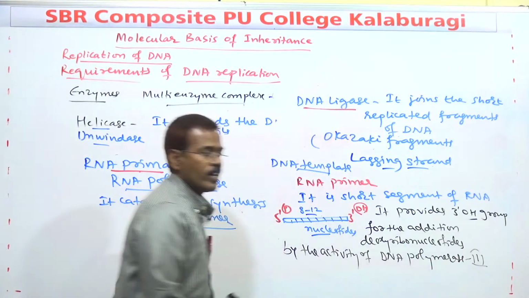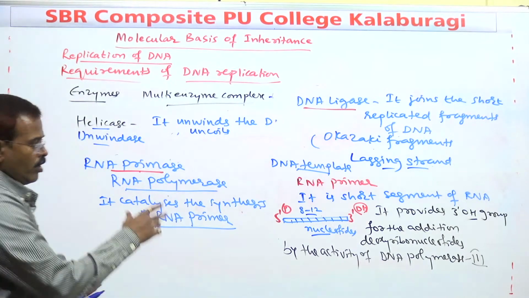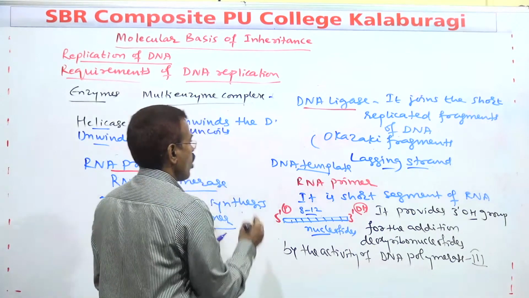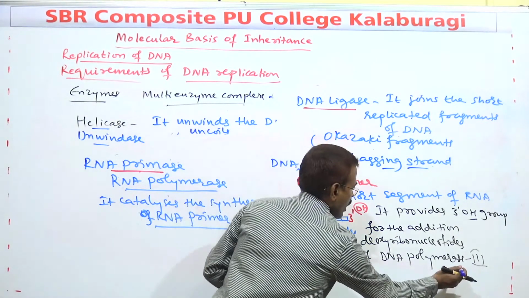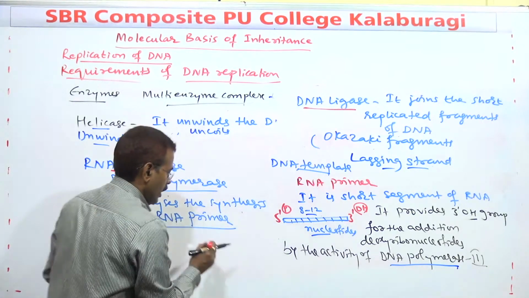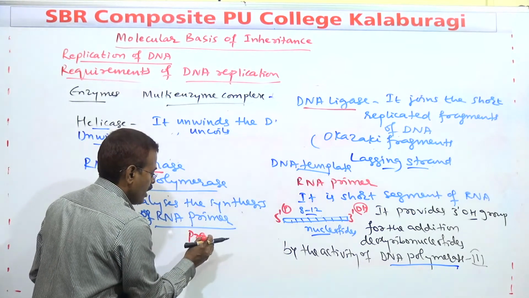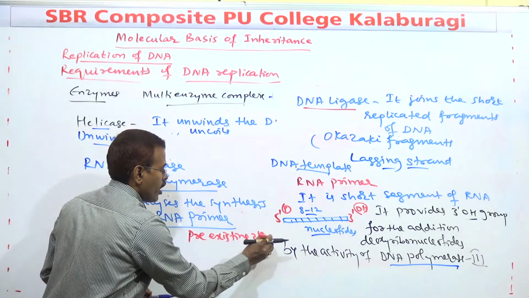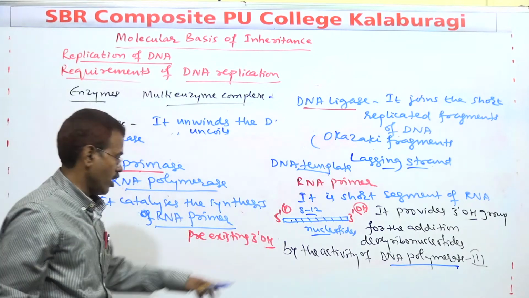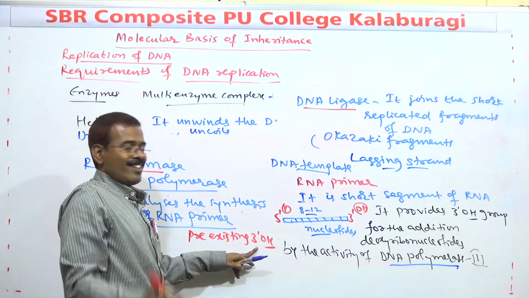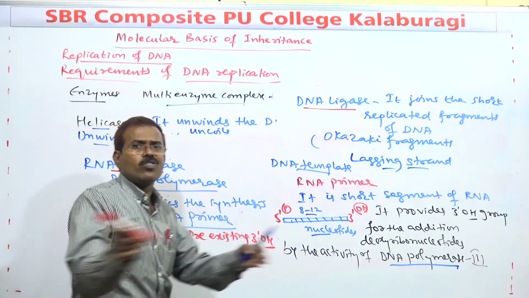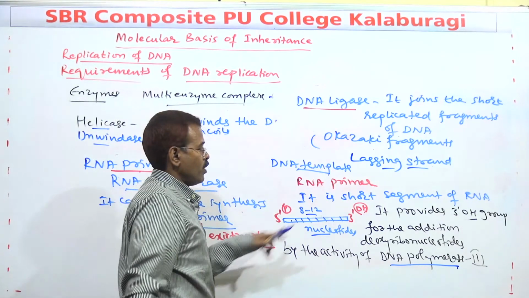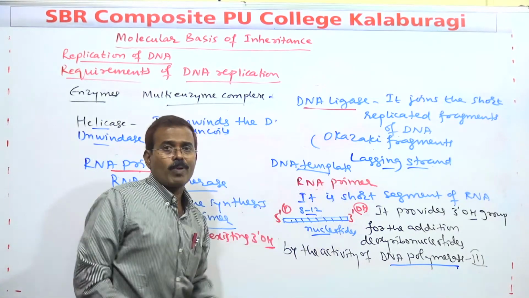Remember, this DNA polymerase 3 enzyme requires pre-existing 3' OH group. It requires already existing 3' OH group so that it can add the nucleotide and synthesize the polynucleotide strand. So the 3' OH group is provided by the RNA primer.